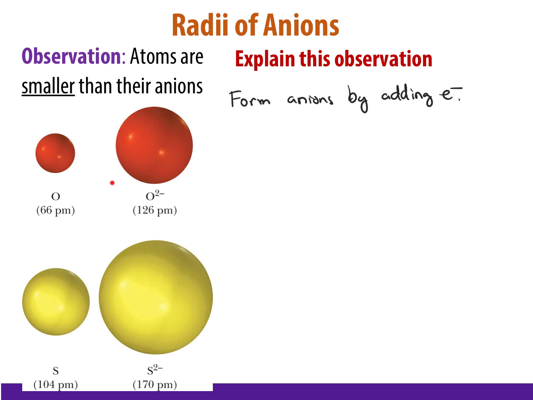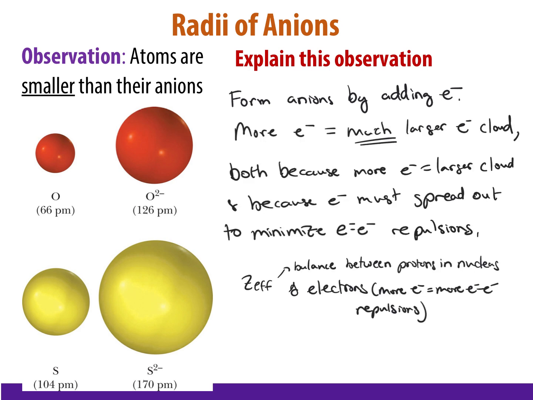In this case, it actually makes it much, much bigger usually, and that's because electrons repel each other. So adding those extra electrons is going to increase those electron repulsions, and electrons have to stay much, much further away from the nucleus to account for all those added electron repulsions. So yeah, those electrons must spread out to minimize electron repulsions.